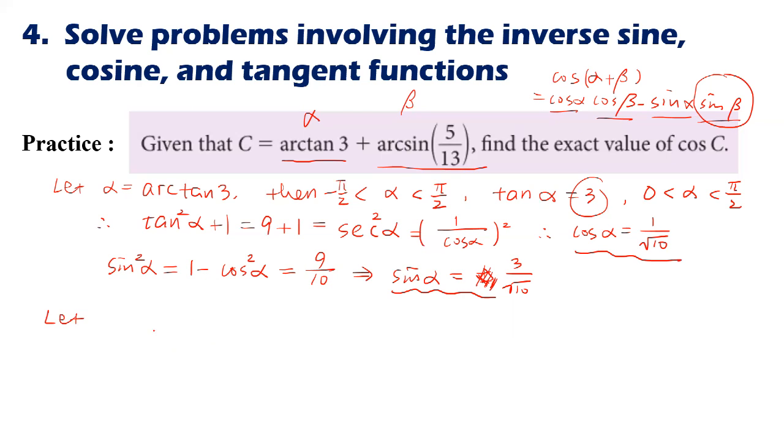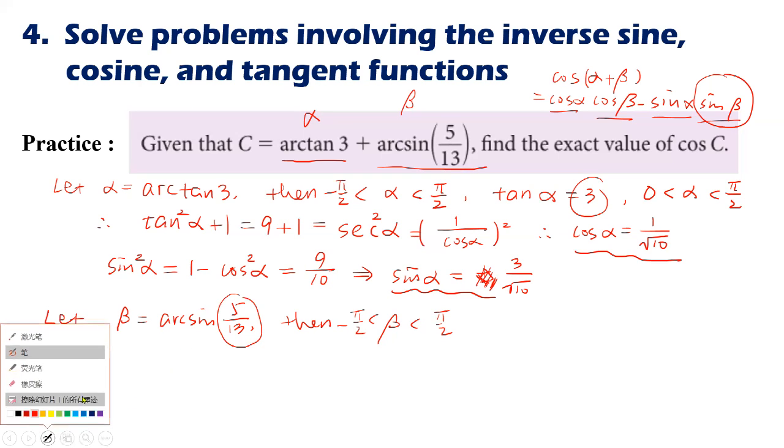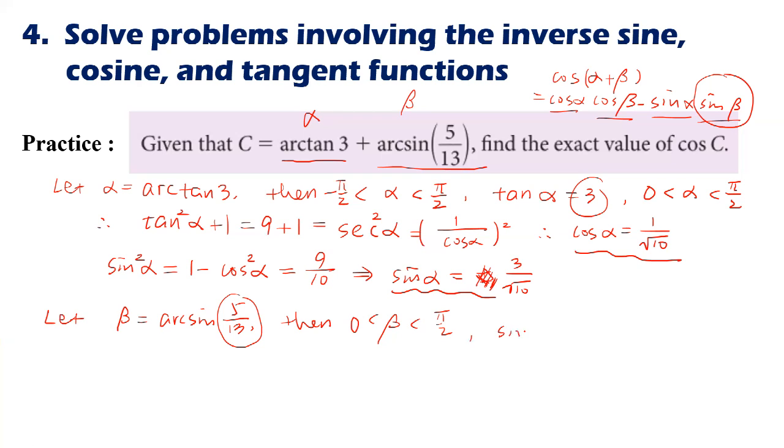cosine beta. Okay, let beta equal arcsine 5/13. Then we know that because it is an arcsine, this angle must lie within negative half pi to positive half pi. But because the sine value here is positive, this angle must lie within 0 and half pi, and sine beta equals 5/13.